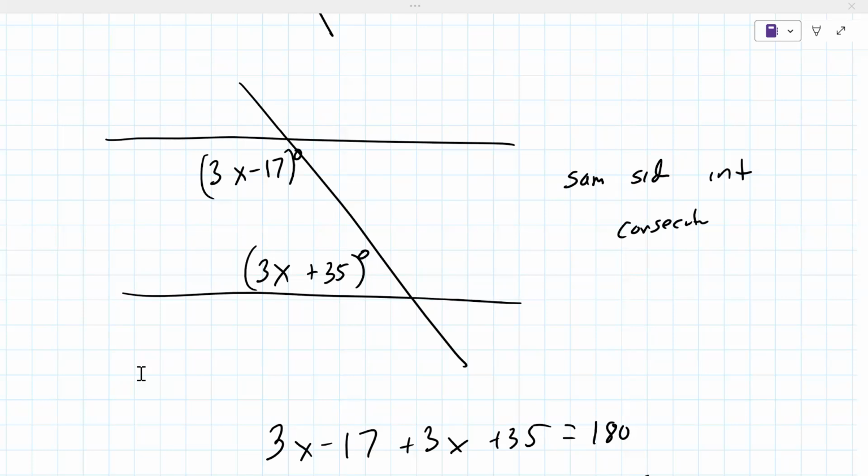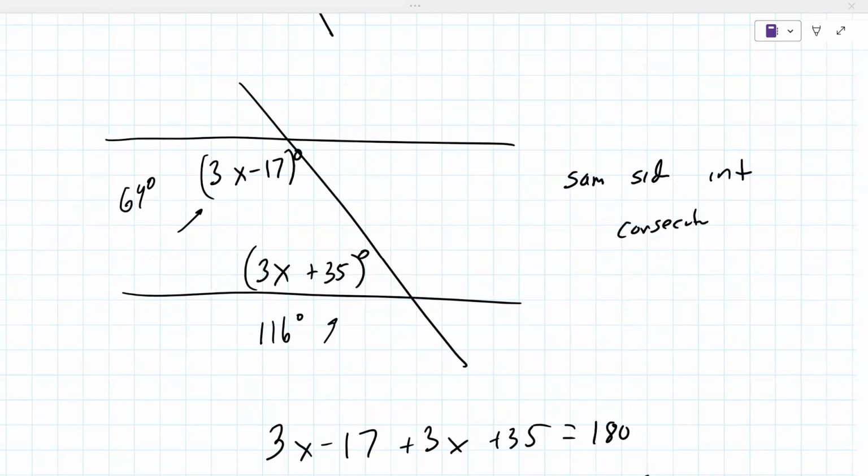I have 64 for the top and 106 for the bottom, but that doesn't add up to 180. Yeah, that's probably just a sign error there. I mean, 3 times 27 is 81, minus 17 is 64 degrees. So it must just be a sign error. This one is 116.